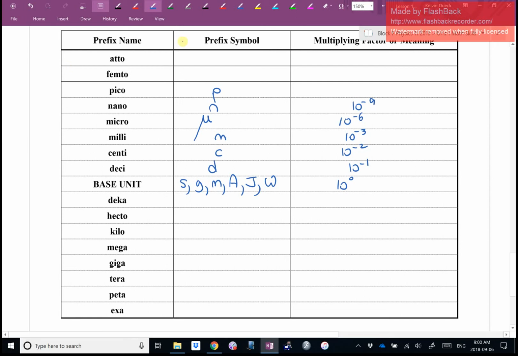So this, I'm pretty sure, is a 10 to the negative 12, yes? Femto, lowercase f, 10 to the negative, I think, 15. Did I give you atto? Yeah, I did. Okay, I must have changed the chart because the original chart never had that. Lowercase a.